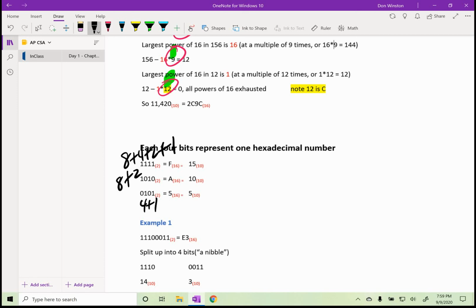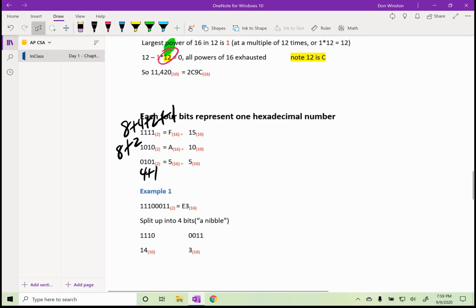Each 4 bits represents 1 hexadecimal number. So it's kind of easy to go from binary to hex, because you just work with sets of 4 bits.